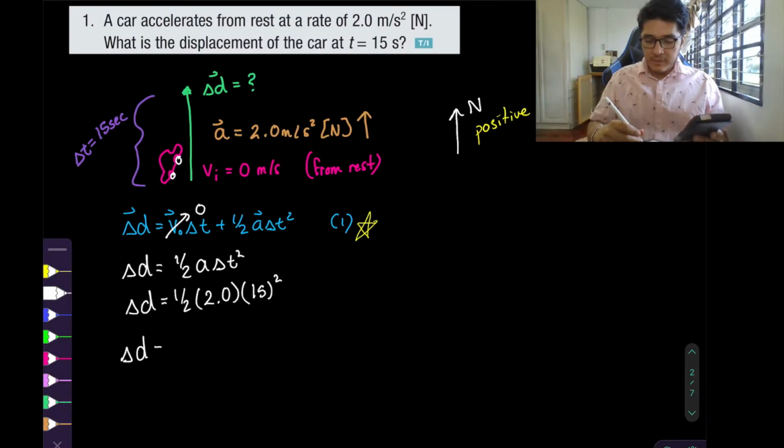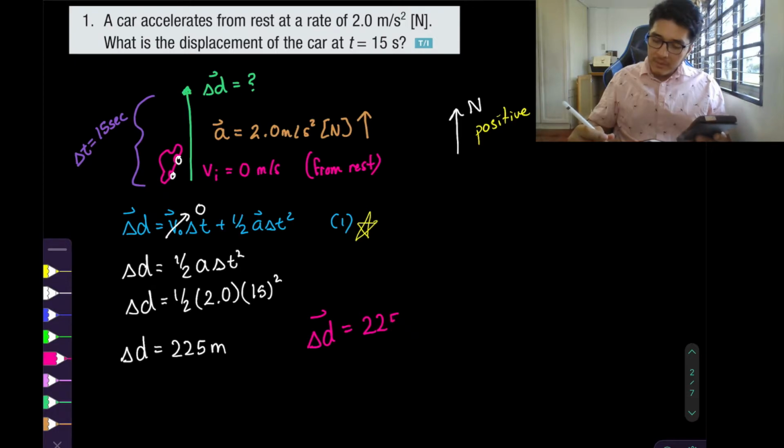So this gives us that the magnitude of the displacement is 225 meters. And because we were dealing with vector quantities, we have to state that the displacement, which is a vector quantity, is the magnitude, which is 225, and the direction is north.